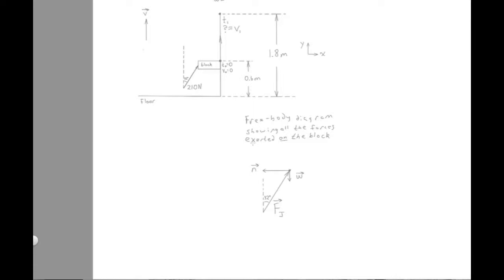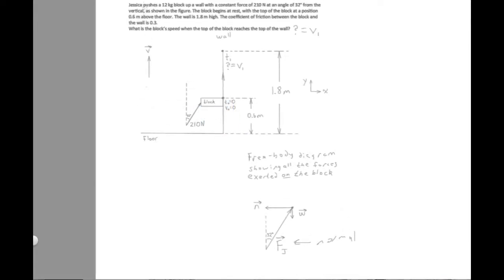By the way, my experience is that sometimes students want to call any force, or all the forces, or any unusual force a normal force. But we don't think of Jessica as a surface, so to speak, that's in contact with the block. So we're not going to think of Jessica as exerting a normal force. We just say that Jessica is exerting her own pushing force, which again sometimes is called an applied force.